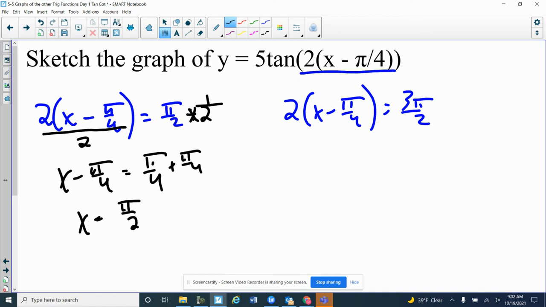All right? If we look at this other side, go ahead and take that second equation and solve it for x. Use the same steps that we just used over here.